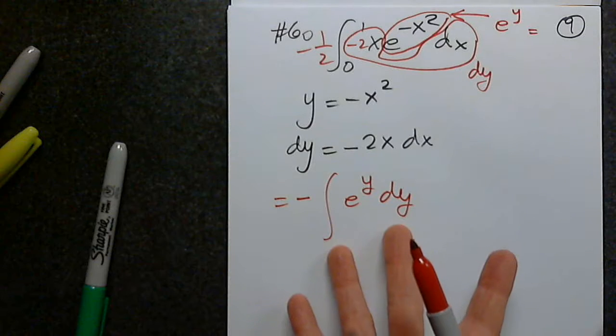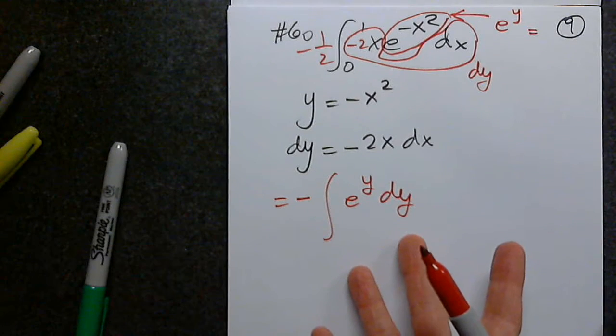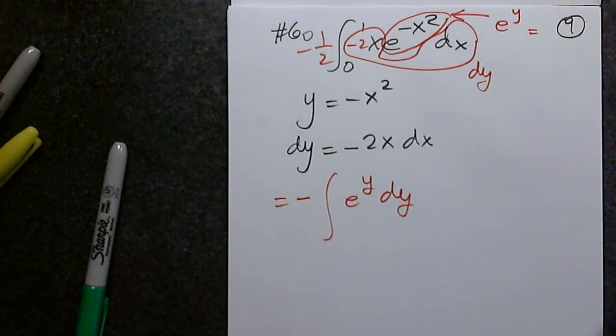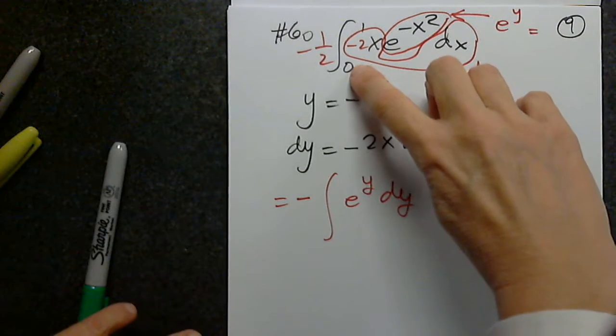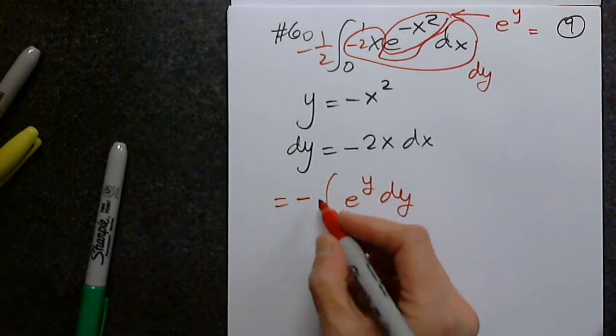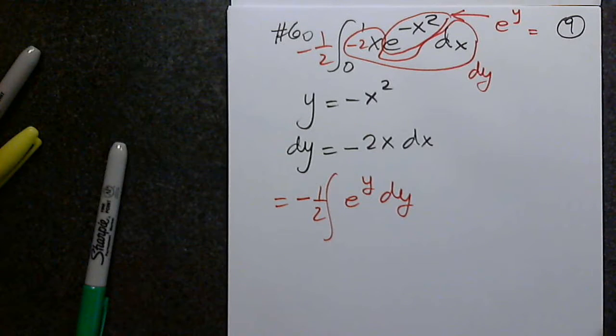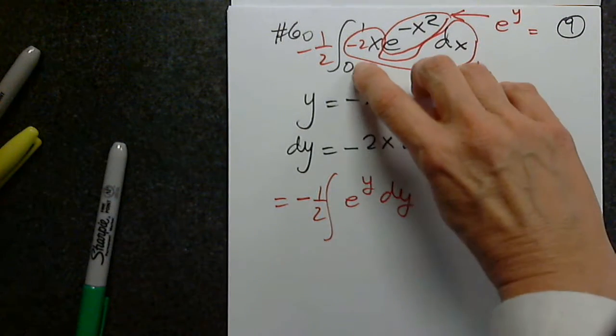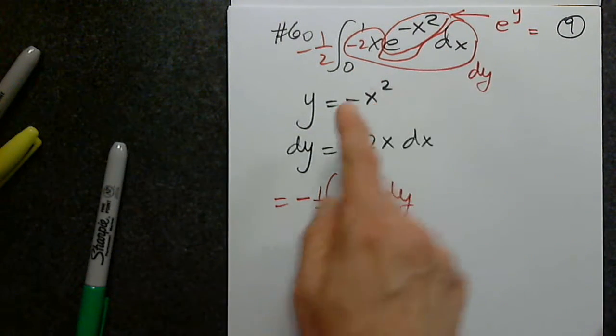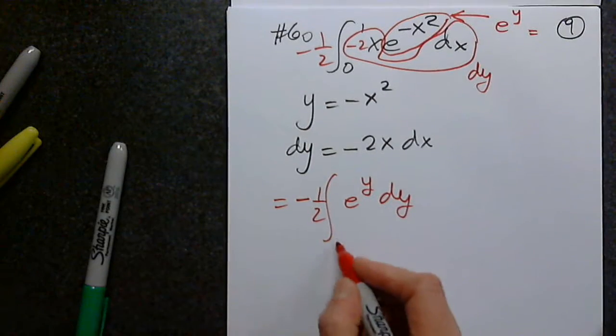You understand why I will never want to go back? So now the limits of integration have to be in reference to y, not to x. Thank you, my apologies. So when x is 0, how much is y? The lower limit.